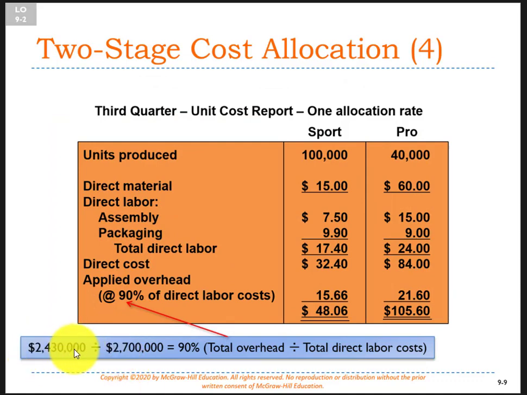We take the total overhead, we divide it by the total direct labor cost, and we get 0.9 or 90%. And so when we apply overhead, we simply just need to know what our total direct labor cost is and multiply it by 0.9. Okay, it also could be based on direct labor hours or something, but the point is it's one allocation rate for all products for all overhead costs.